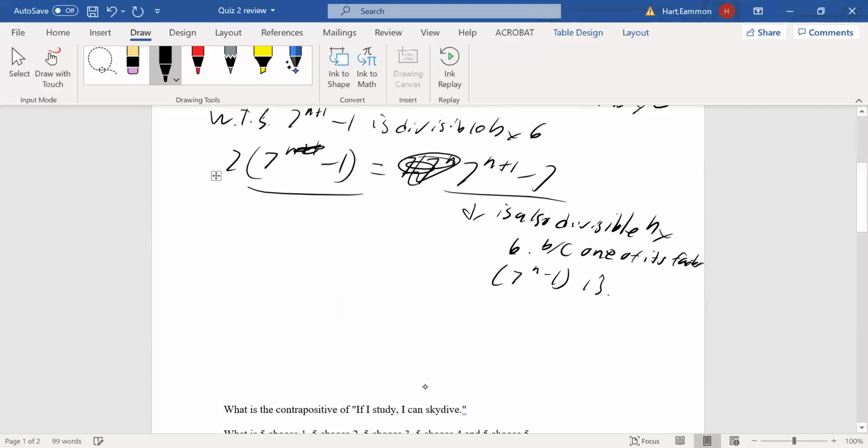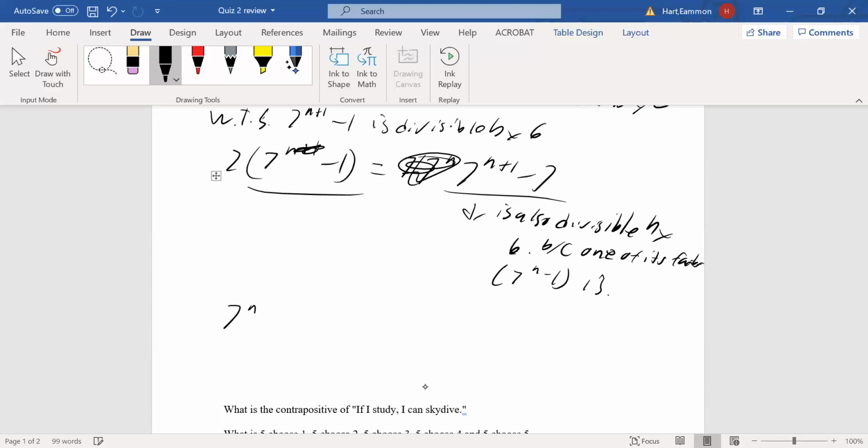So I have 7 to the n plus 1 minus 7, and I want 7 to the n plus 1 minus 1. How do you think I'm going to get there? I'm just going to add 6, right? That's the difference between them.